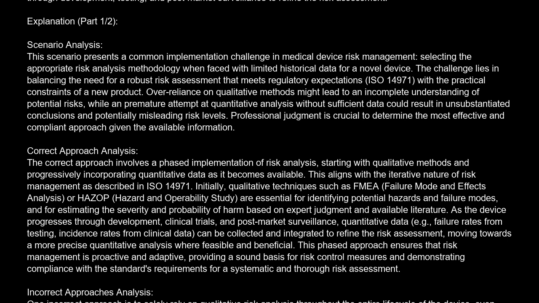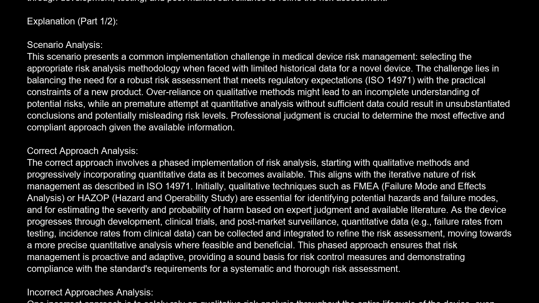The challenge lies in balancing the need for a robust risk assessment that meets regulatory expectations, ISO 14971, with the practical constraints of a new product. Over-reliance on qualitative methods might lead to an incomplete understanding of potential risks, while a premature attempt at quantitative analysis without sufficient data could result in unsubstantiated conclusions and potentially misleading risk levels.